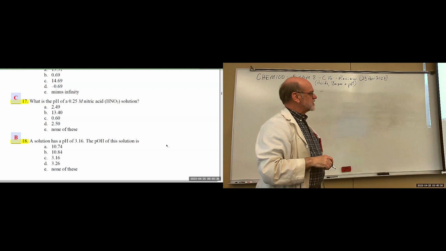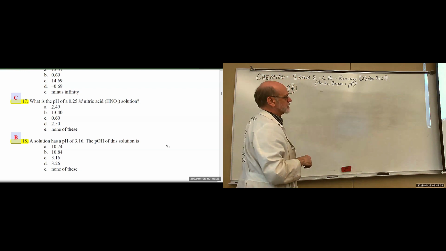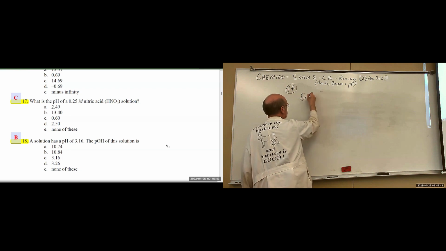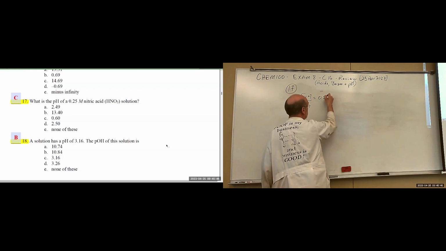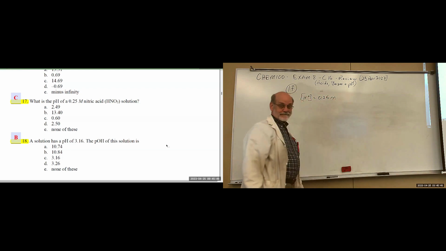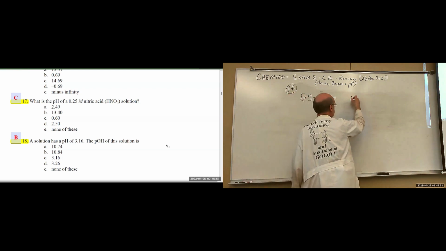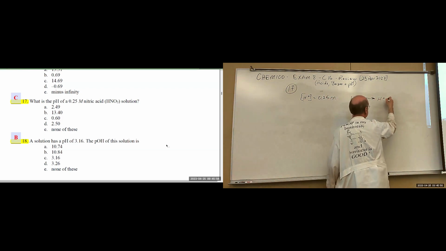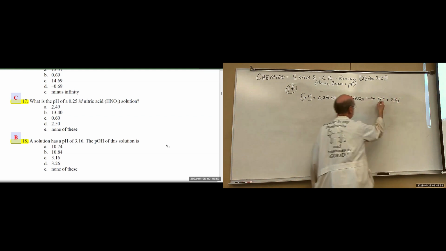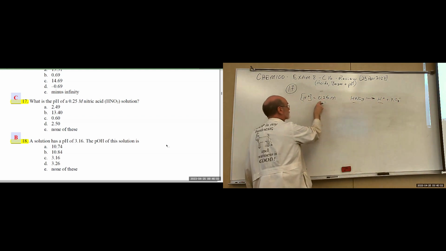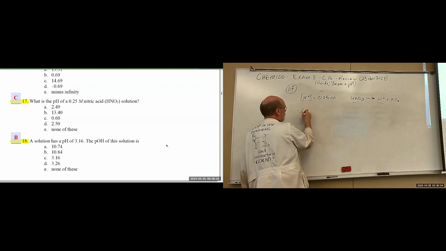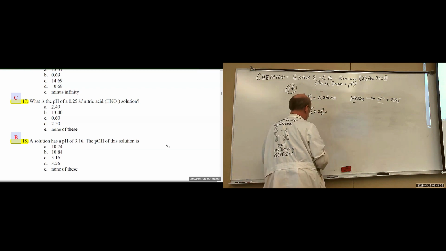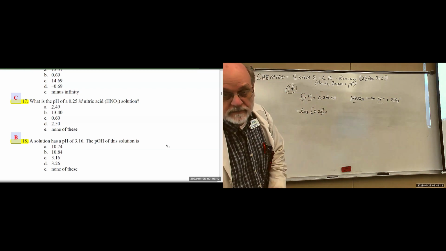17. What's the pH of 0.25 molar nitric acid solution? Okay, we have hydrogen ion concentration equal to 0.25 molar. Correct? If it's nitric acid, HNO3, it will completely dissociate into these ions. So one of those, that's the concentration of hydrogen ions. So the negative log of that value will be our pH.